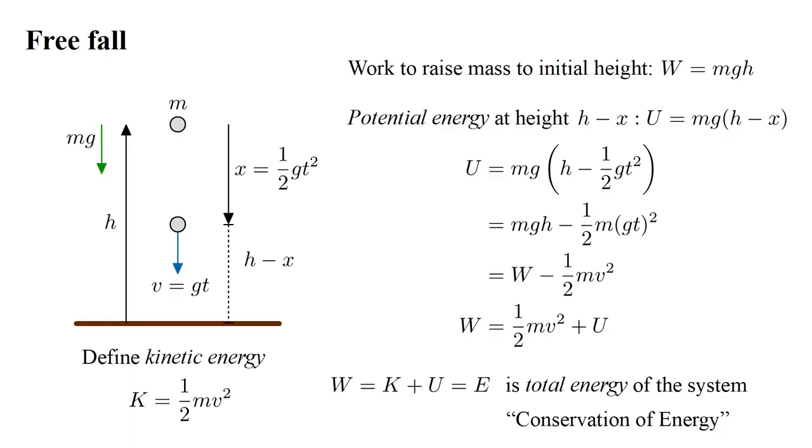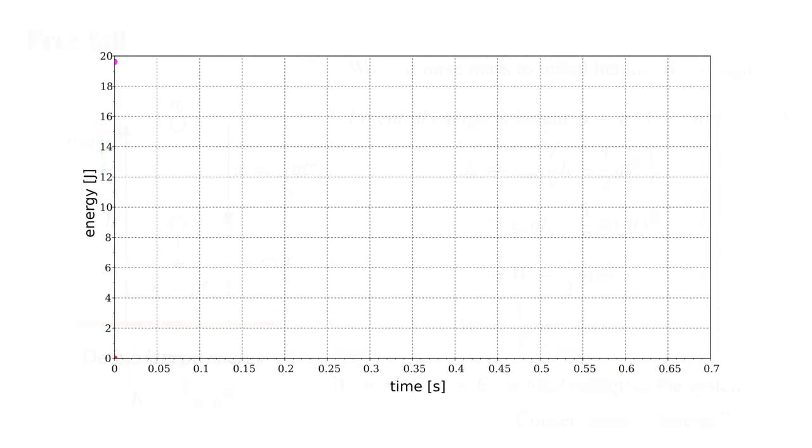This expresses the so-called conservation of energy. As time goes on, the form of energy may change, say from potential energy to kinetic energy, but the total energy remains constant and is equal to the work we did to set up the initial conditions of the system.